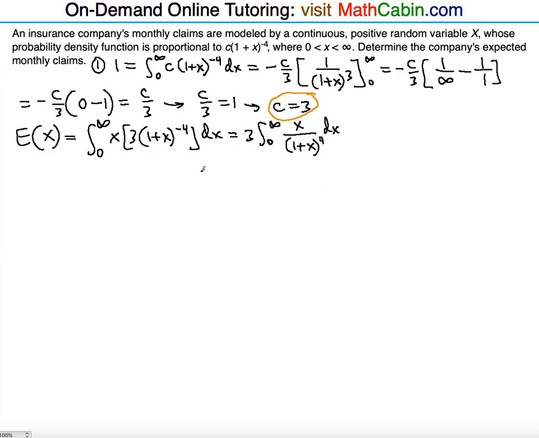So notice now you can use u substitution. u is equal to 1 plus x. du is going to be 1 dx, and also x is going to be u minus 1. You're going to need it for the top.